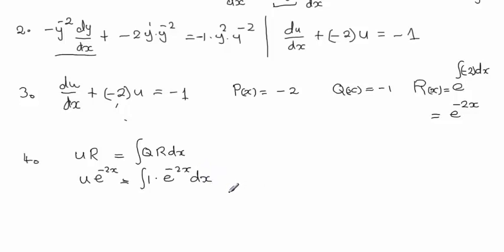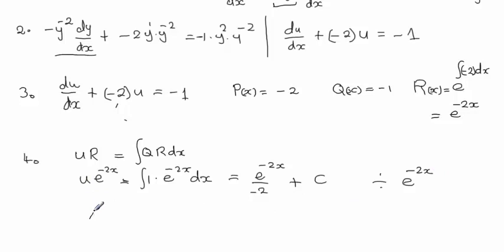I suppose you've done your revision of integration of all types of functions, including exponential functions. Then here, our integral will be e to the power minus 2x divided by minus 2 plus c. Then we are ready to make use of this formula by dividing both sides by e to the power minus 2x.